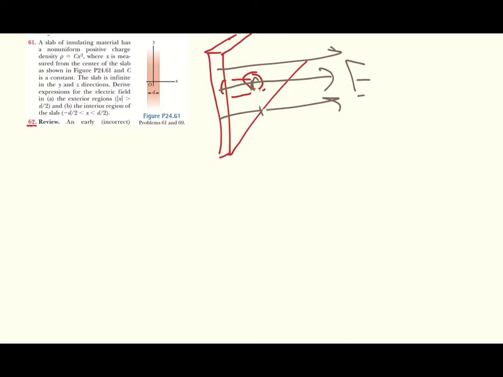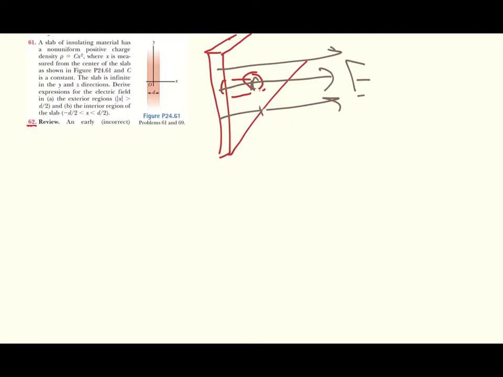So first, like any good Gauss's law problem, we're going to look at Q enclosed. Q enclosed is going to be, because it's just a big slab of stuff and doesn't have a constant density. Even if it had a constant density, we'd just take the density times the volume.